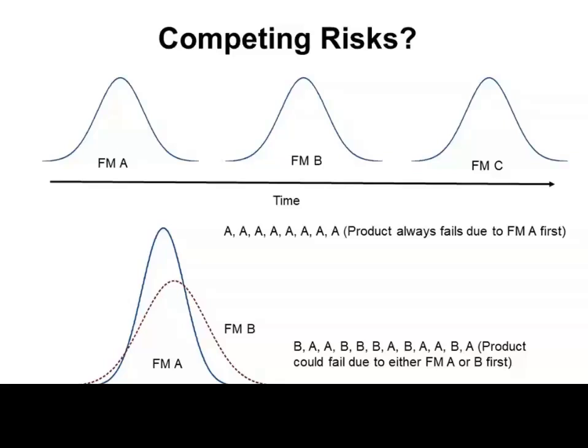There's a lot of overlap between these curves, so sometimes we're going to get a failure due to A and sometimes due to B. In this case, if you had two different shelf life estimates, one approach is to take the worst case, and the other is to correctly combine these estimates into a single shelf life estimate. One of the methods we're going to talk about is straightforward, and we'll see how that works.